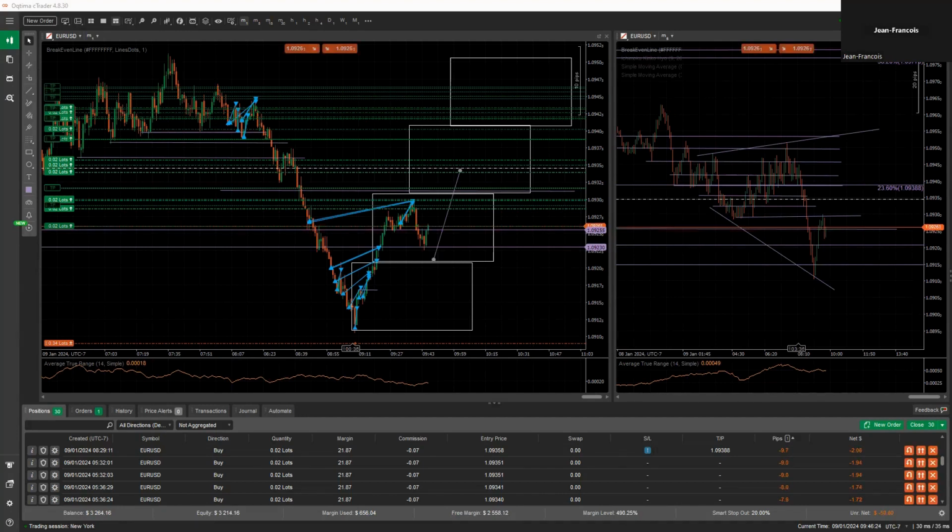Looks like the probabilities are playing through. Perfect.